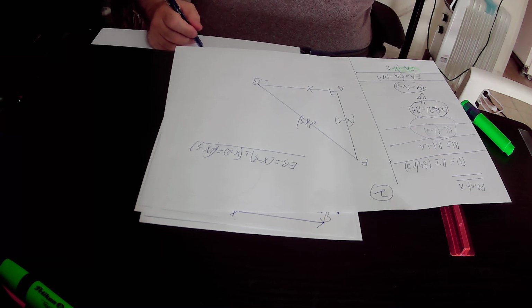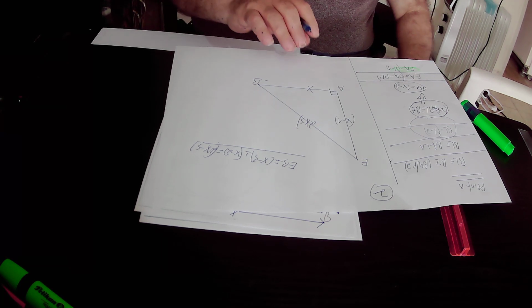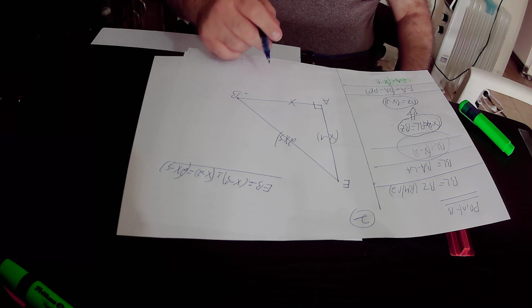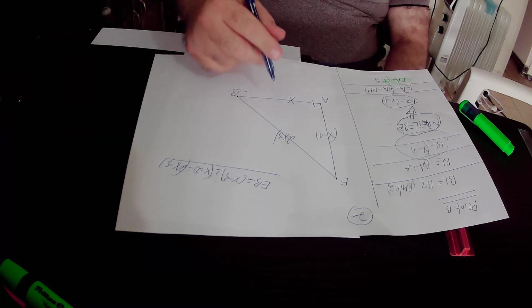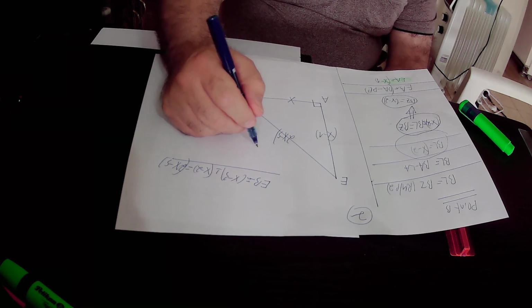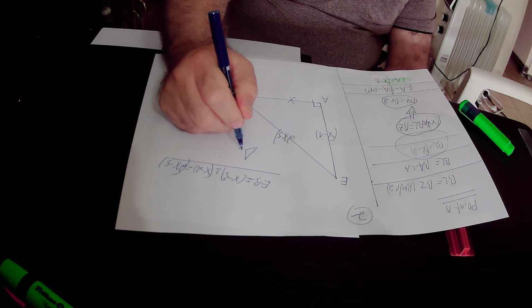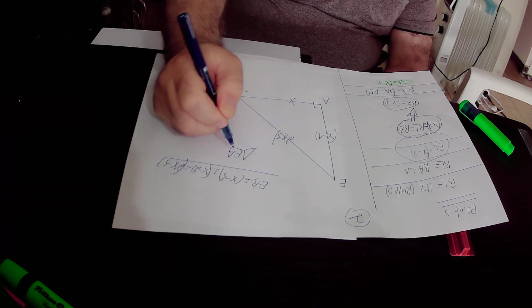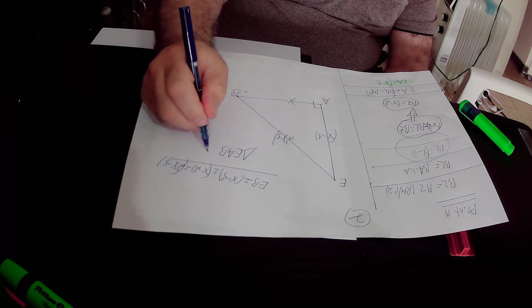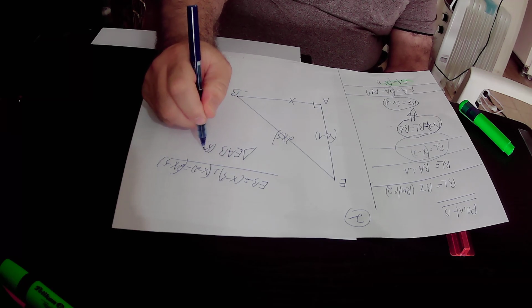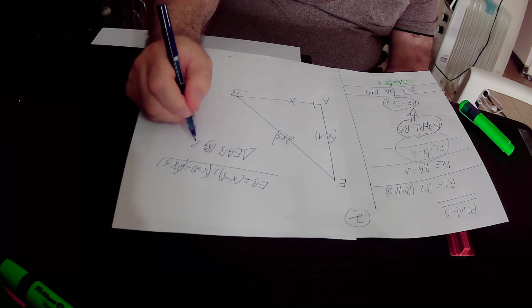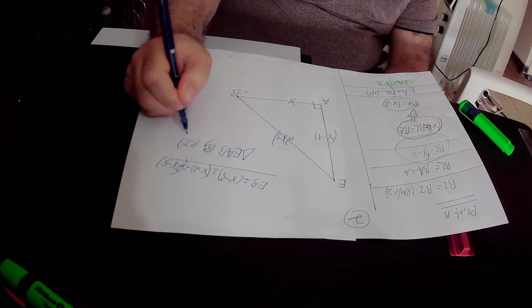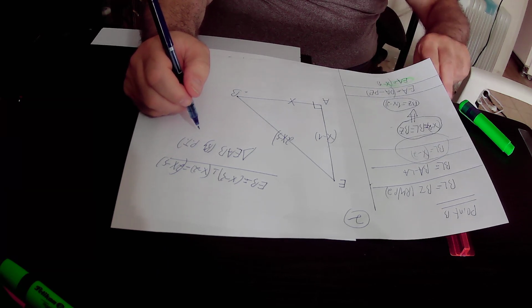So we will implement the Pythagoras theorem in this triangle EAB. So in triangle EAB, by PT, which is the abbreviation for Pythagoras theorem.